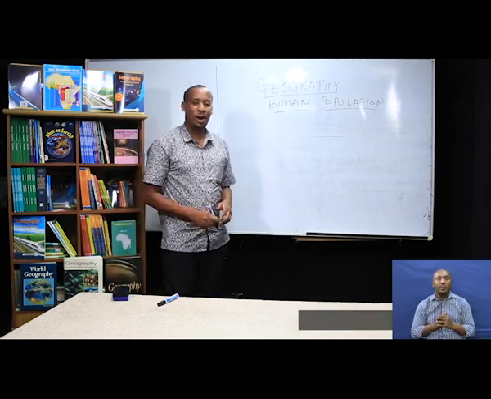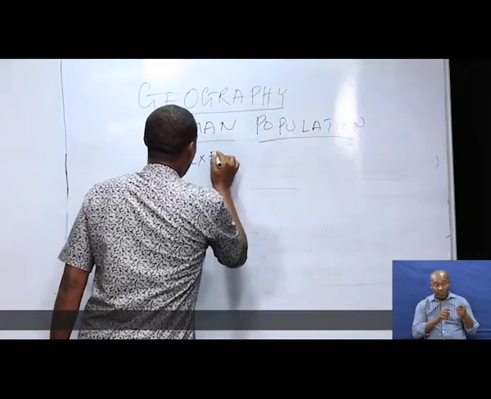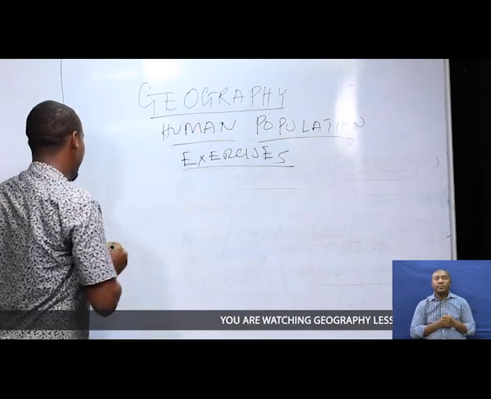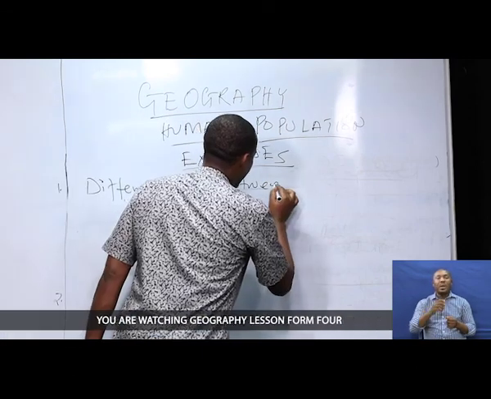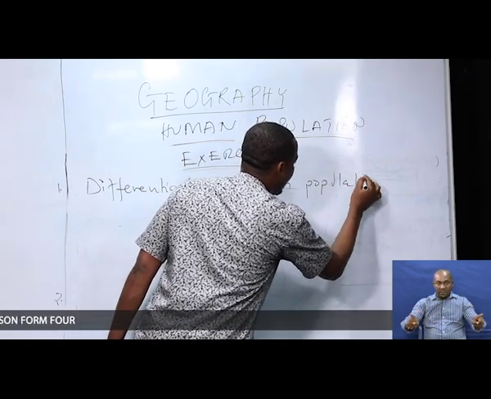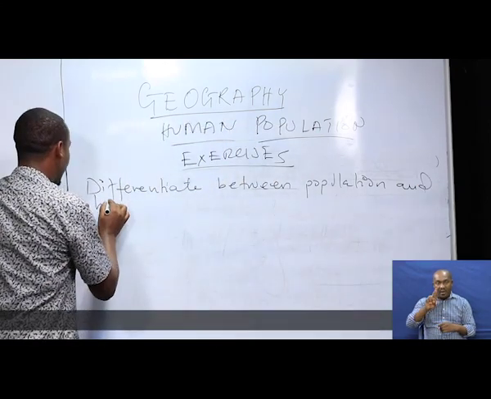The question number one is: differentiate population and human population.